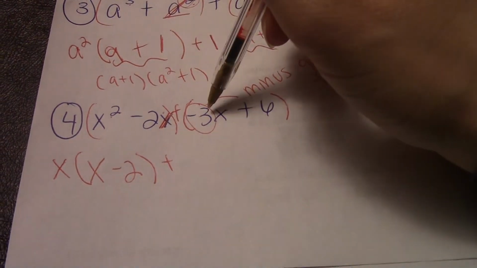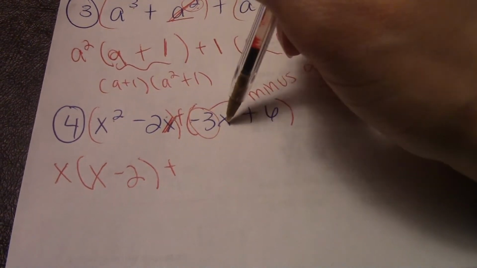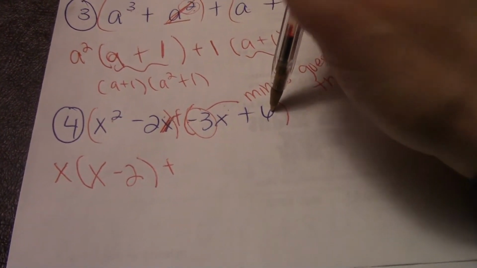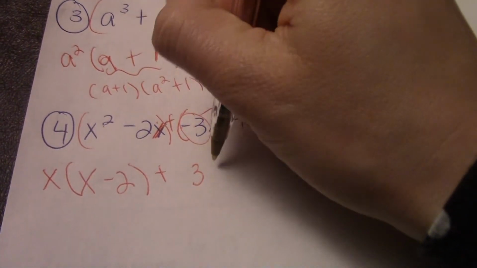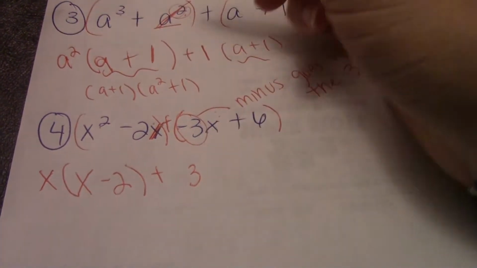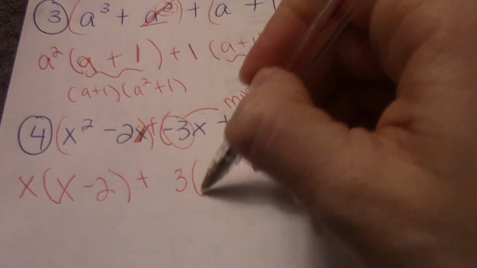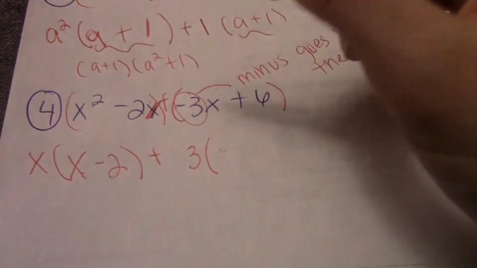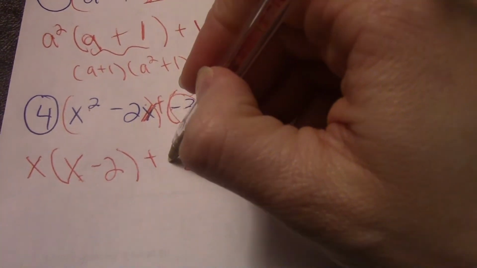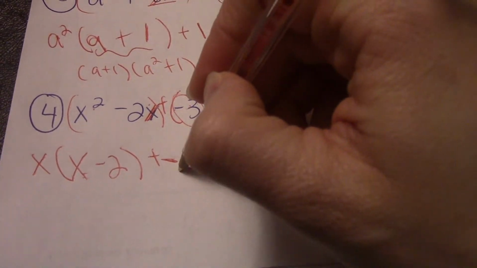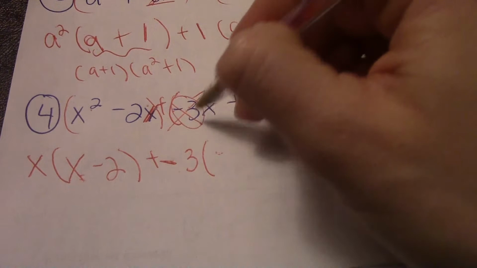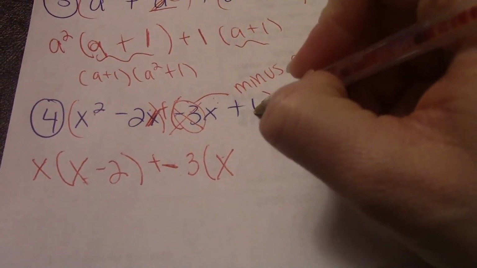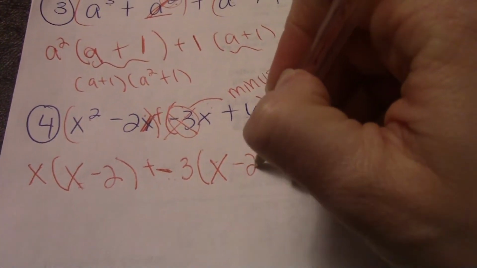Plus, we've got negative 3x plus 6. So I can take out a 3. But if I do that, that still leaves me with a negative right here. But I don't want a negative here because that says positive. Okay, so I need to take out the negative 3. So negative 3 divided by negative 3, this goes away, and we're just left with x. 6 divided by negative 3 is minus 2.